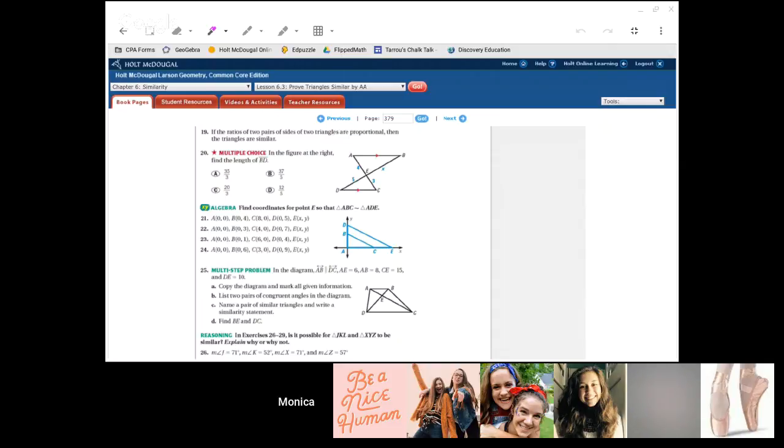You'll use your scale factor, set up a proportion for those sides, and solve for x. And then you're going to take that and add it to the 5 so that you have the whole length of BD. Does that make sense?